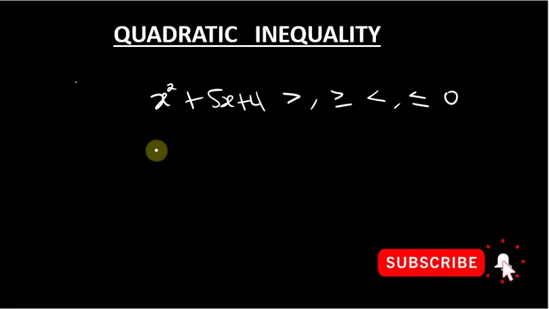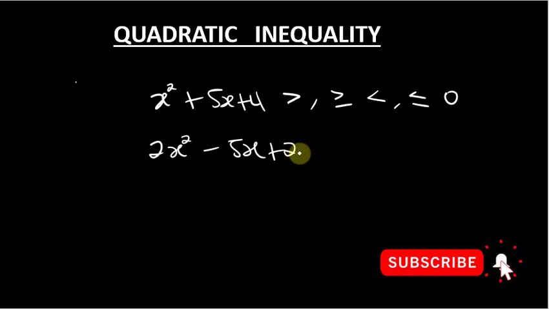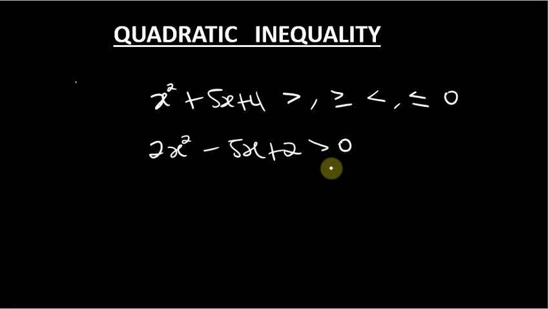So we can have a typical example, let's say, 2x squared minus 5x plus 2 is greater than 0. This is the standard example of a quadratic inequality.